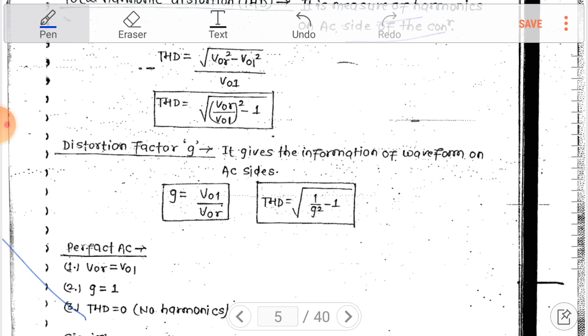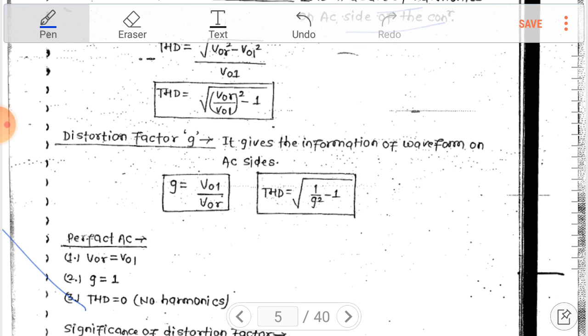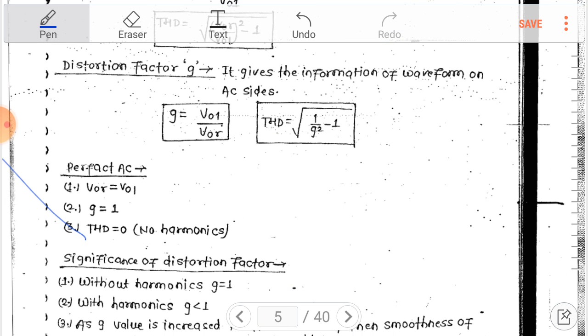Here distortion factor G is equal to fundamental by output RMS. It plays a major role in finding harmonics at the AC side. For perfect AC, output RMS equals fundamental and G equals 1. So the THD will equal 0 for perfect AC, because we are assuming that only the fundamental component is present.